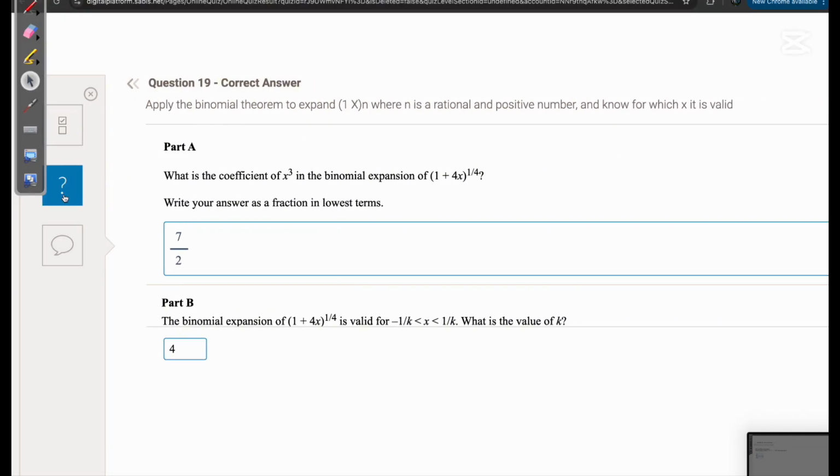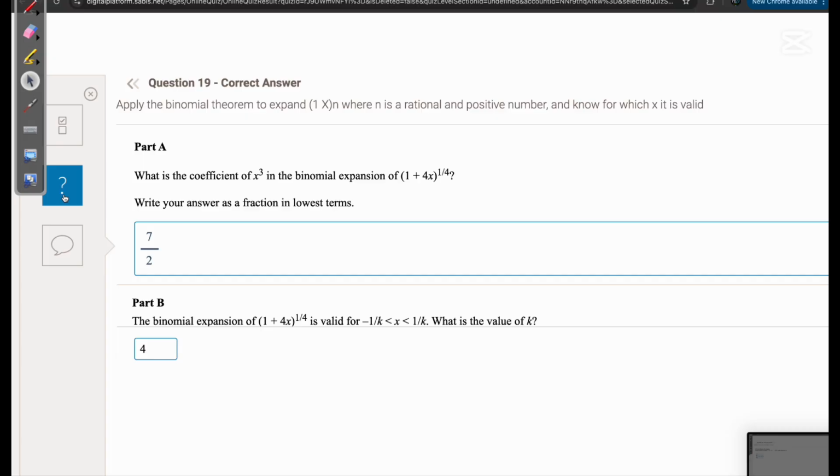Number 19, which is the last and final question. It's not coming, by the way. If I'm not mistaken, it's not coming. Right. Solve part A just in case. But part B, I don't think it's coming. So, we're gonna do... Is it coming?